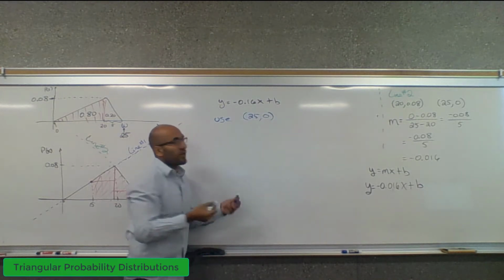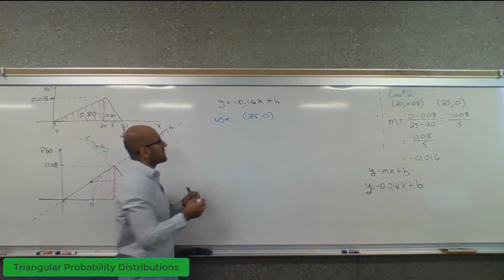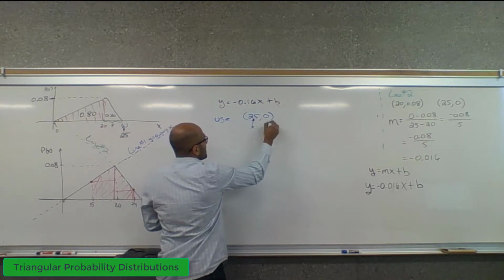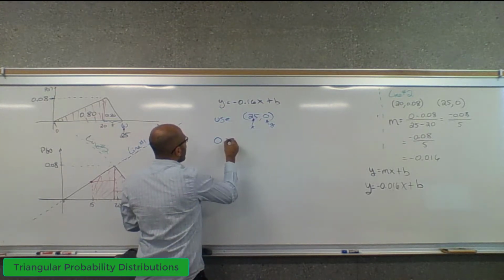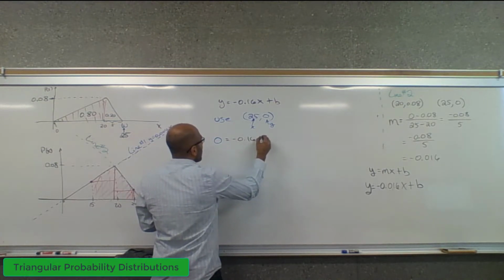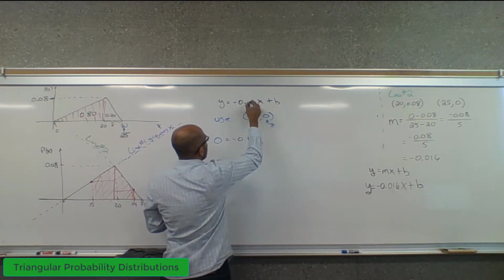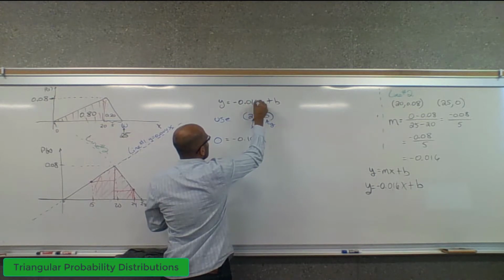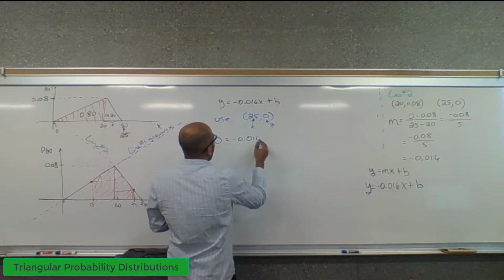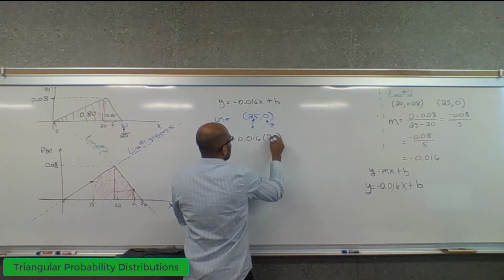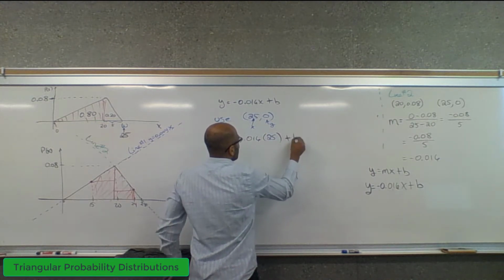You can also use the other one if you want to. They'll both give you the same answer. So this is an x, this is a y. So 0 should be the result when negative 0.016 is multiplied by 25 plus b.